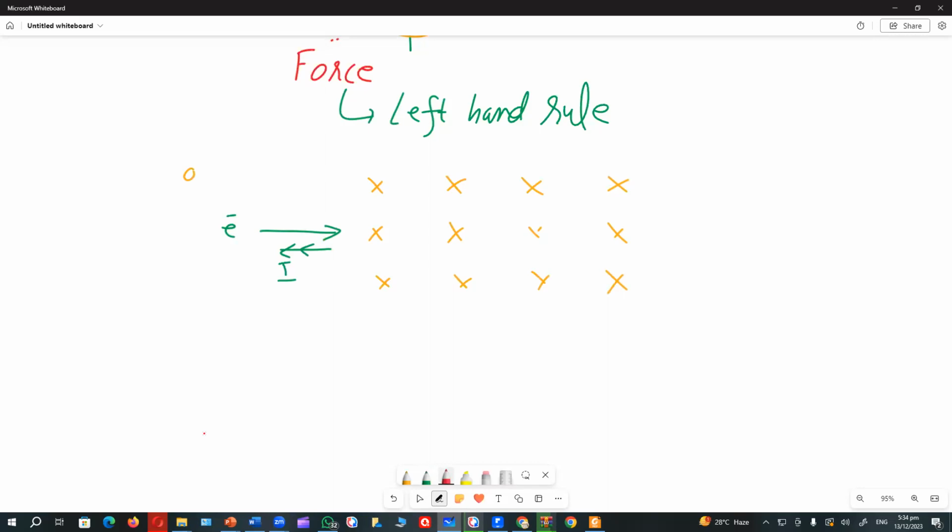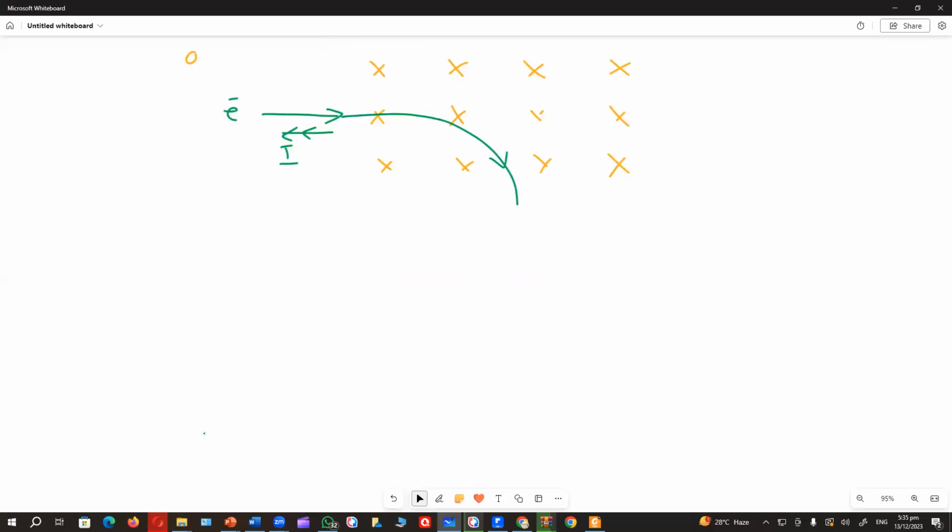When the charged particle enters the field, it will bend like this because the force on the charged particle is centripetal in nature. So when a charged particle enters a magnetic field, it experiences a force which gives a centripetal effect.